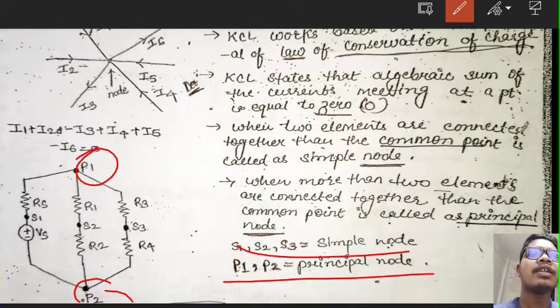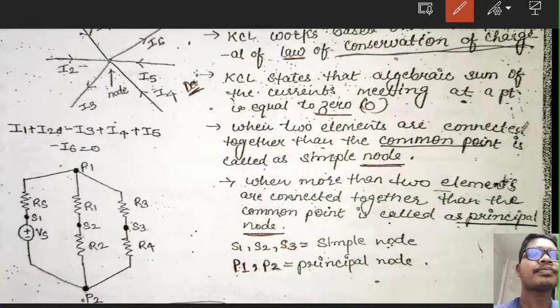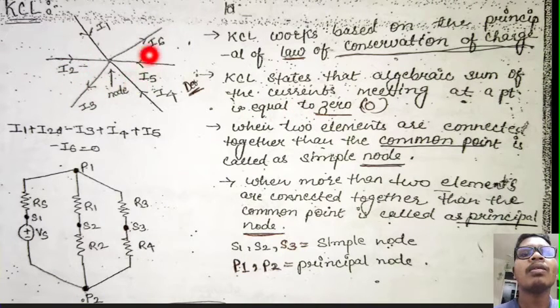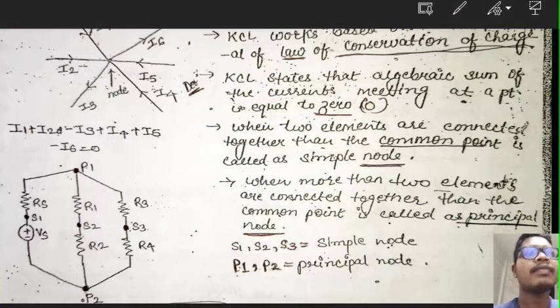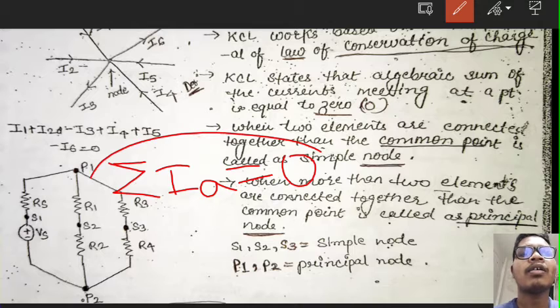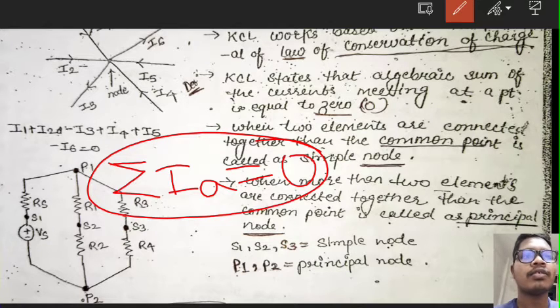According to Kirchhoff's current law, the summation of all the currents meeting at a node, or at a point, algebraically, as I have already told you, is equal to 0.